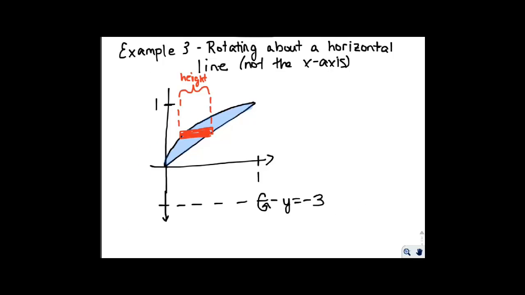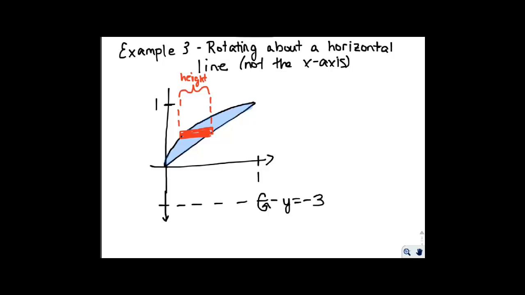Okay, our last example is going to be rotating about a horizontal line that's not the x-axis. And you can generalize this or specify it to the x-axis by making y equals 0 your revolving axis. It's just going to change your radius.